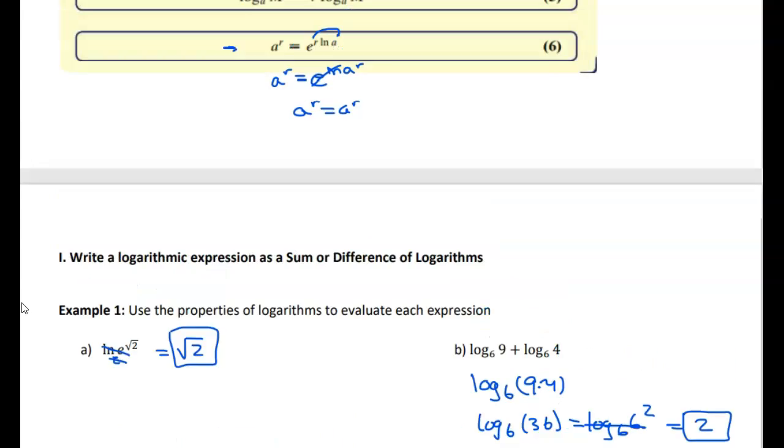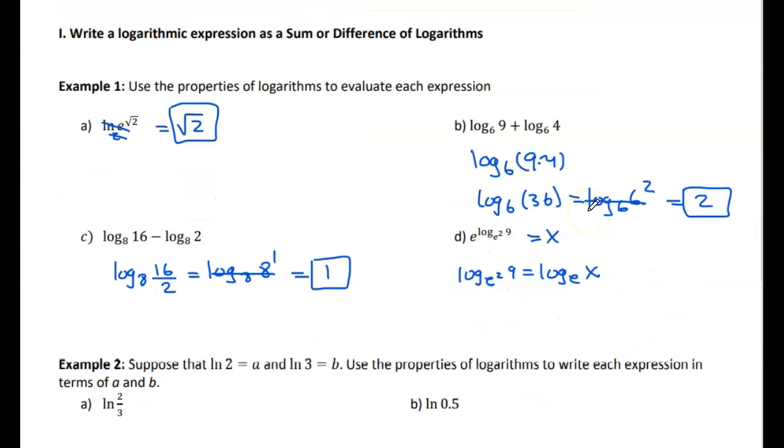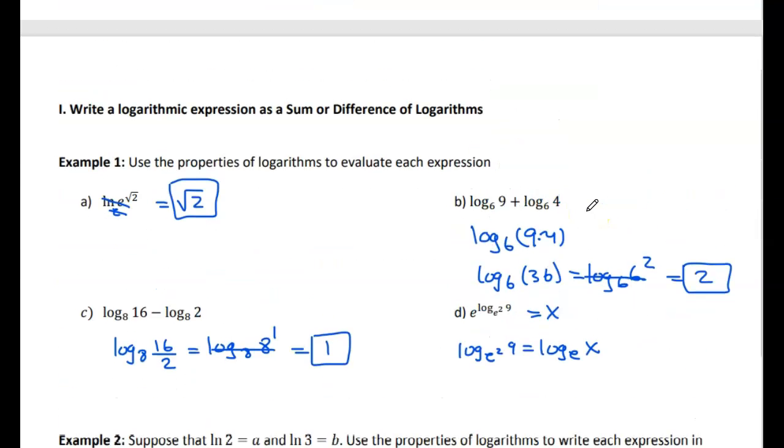I think I can use, oh yeah, we can use this one here, because that says e to the r log a is equal to a to the r. No, we don't think we can use that. Oh, all right, let's see.